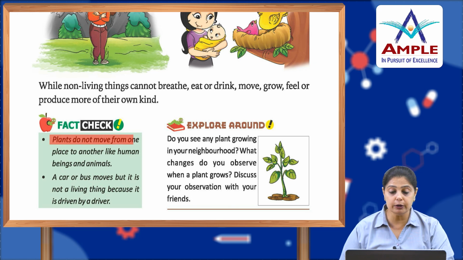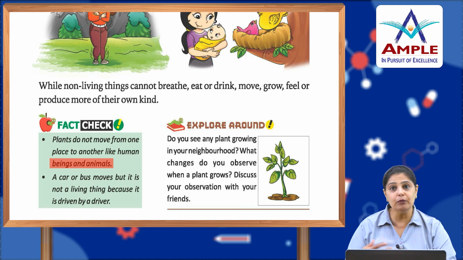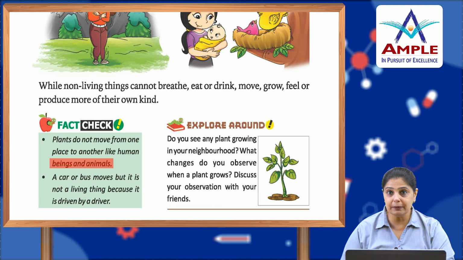All right. Now, let's have some fact check here. Plants do not move from one place to another like human beings and animals. What happens with plants is when the wind blows, their flowers, their fruits, the seeds, they move or fly away with the wind. But have you ever seen a plant moving?